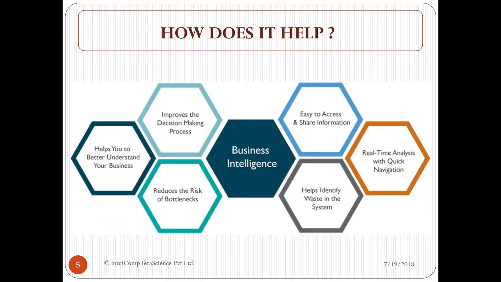So how does it help in an organization? Business intelligence has components that improve the decision making process, help you to understand your business better, reduce the risk of bottlenecks, and help identify waste in the system. It's a real-time analysis and quick navigation into data, easy to access and share information.